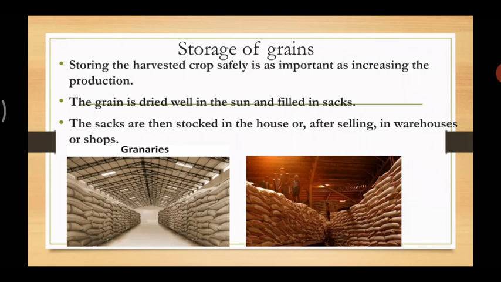It is dried in the sun, so any moisture that is there comes out. The sacks are then stocked in the house and after selling, stocked in warehouses or shops. As you can see in the picture, after drying the grains, they are put in sacks and stored in the warehouses or shops.